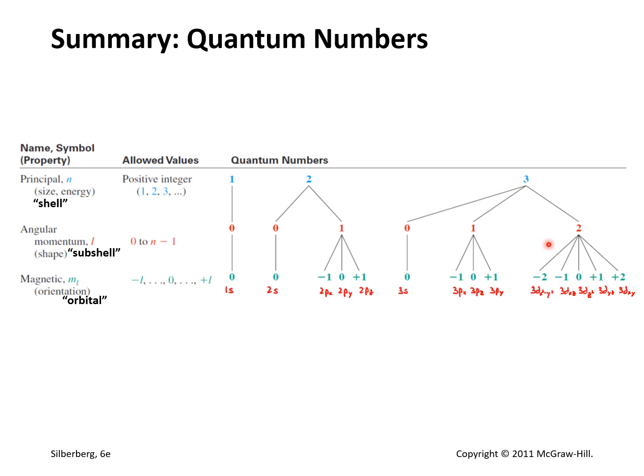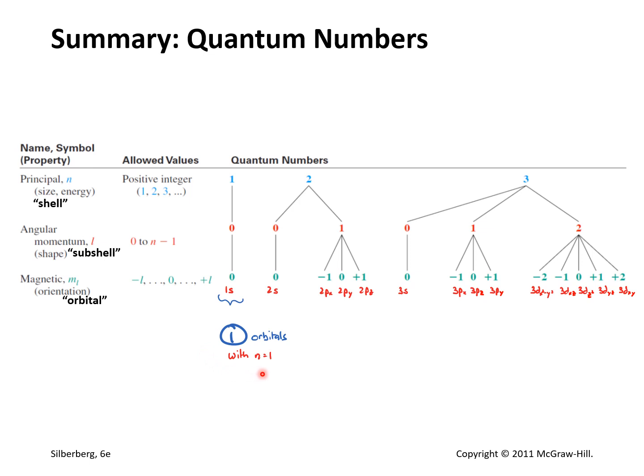When L equals 2, then ML must be negative 2, negative 1, 0, plus 1, or plus 2, which corresponds to the case of the 3D x squared minus y squared, 3D xz, 3D z squared, 3D yz, and 3D xy atomic orbitals, respectively.